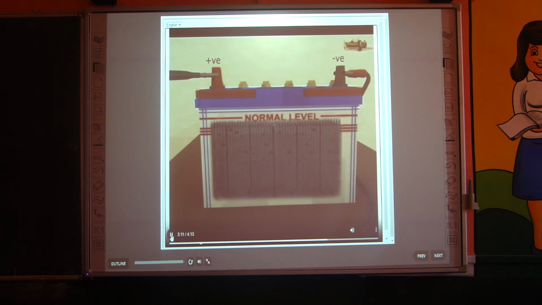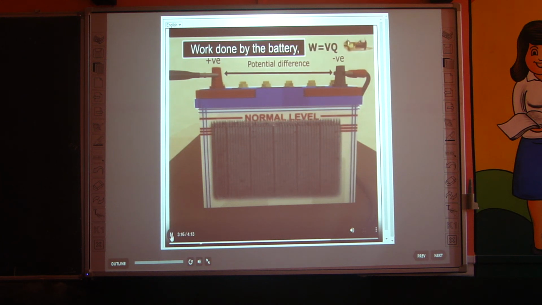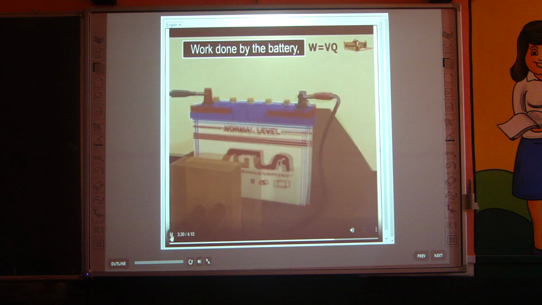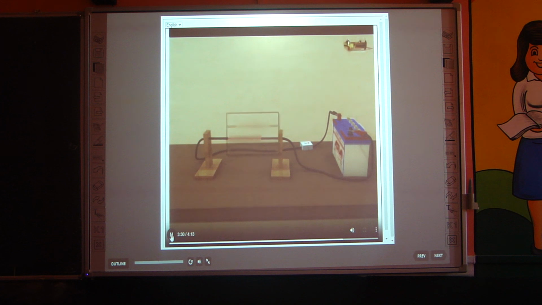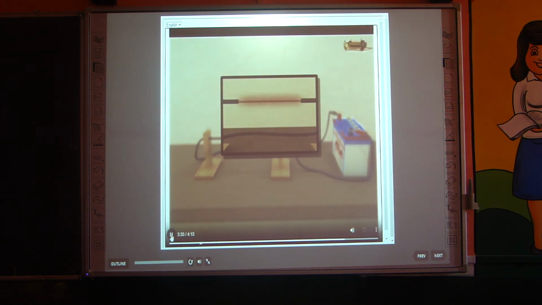The work done by the battery in moving the charge through a potential difference V is VQ. Hence, the source must supply energy equal to VQ in time t. This energy gets converted to heat in the resistor.